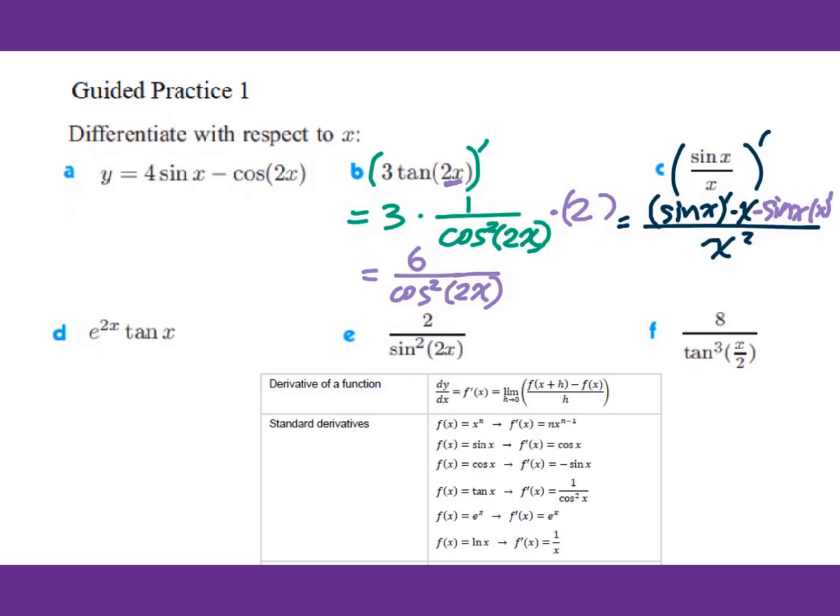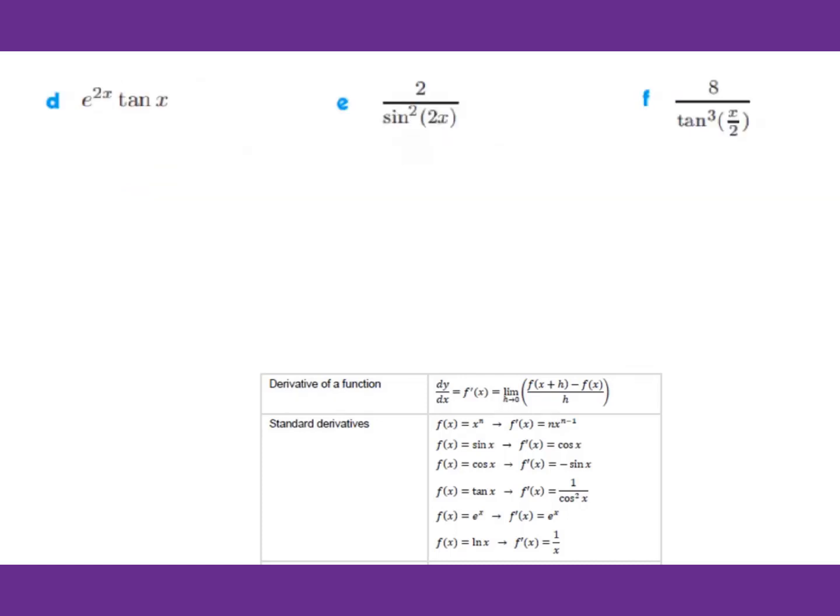Organize. You will get the denominator, that's x squared. Cosine x times x, then minus the derivative for x means 1, so minus sine x. That's it. Now let's go to D.